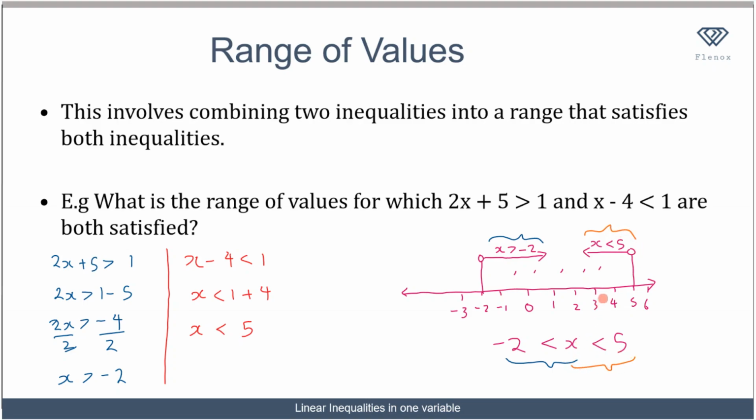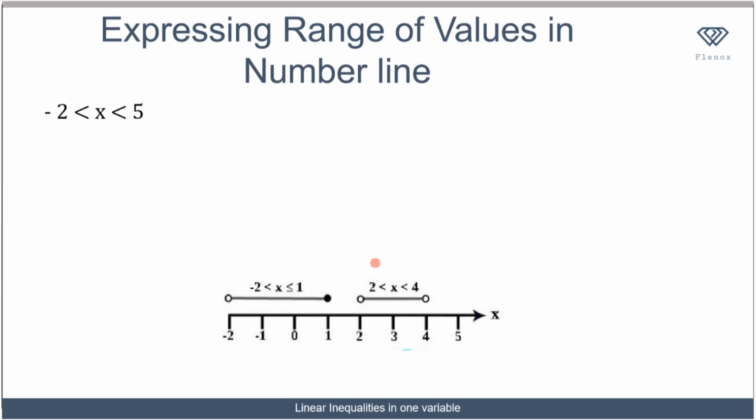So this way you have combined both inequalities to give you a range. So now we have what? Minus 2 is less than x, which is less than 5. So now these are more ways that show how to express stuff in inequality.